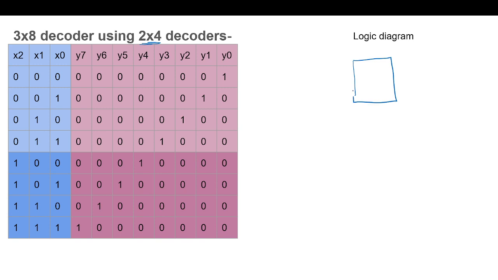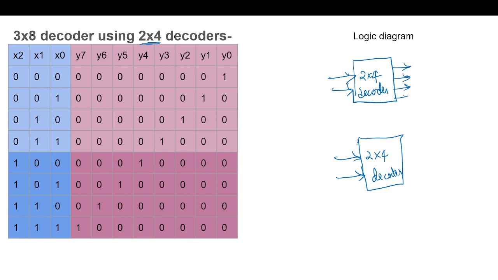I have a first 2 cross 4 decoder and another 2 cross 4 decoder, each giving 4 outputs. For 3 cross 8, I need 3 inputs and 8 outputs. Two will be the inputs of the decoders, and for the other input I will use the enable signal.